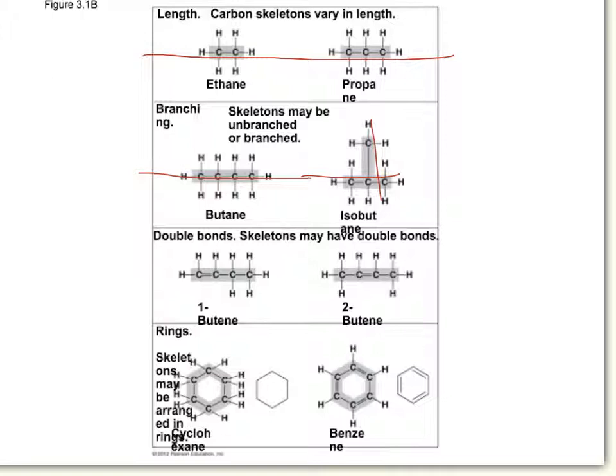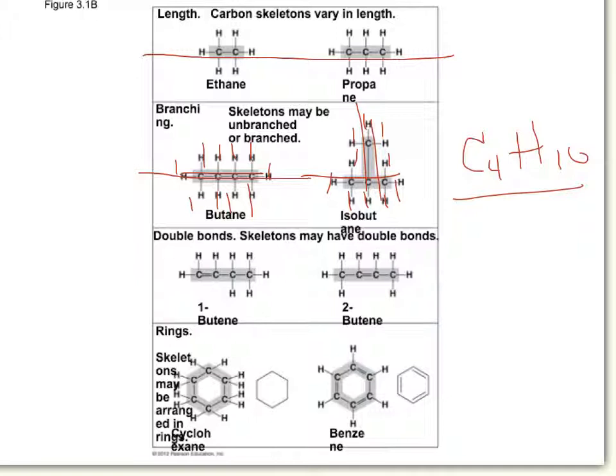But if you count up the number of carbons and hydrogens in each, their chemical formula is the same, which is C4H10. We have 4 carbons and 1, 2, 3, 4, 5, 6, 7, 8, 9, 10 hydrogens. So we still have the same molecular formula, but instead of a straight chain, this one's branched, with the same number of carbon and hydrogen. So those are referred to as isomers.